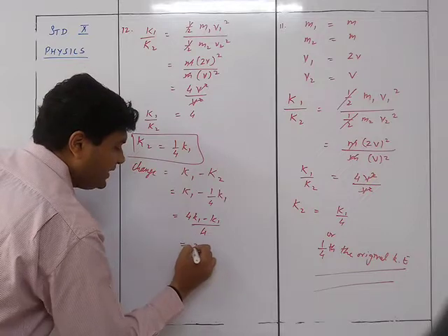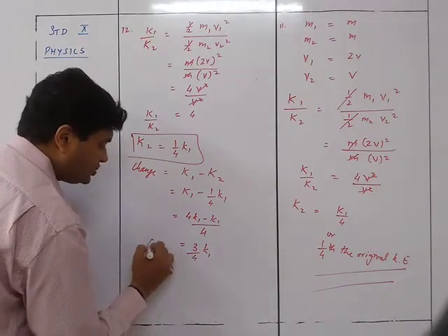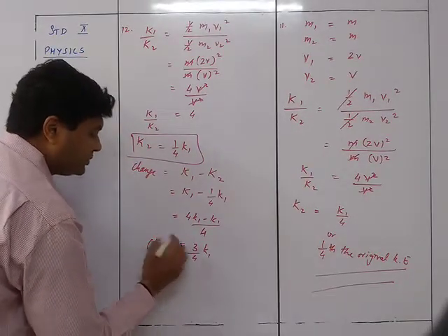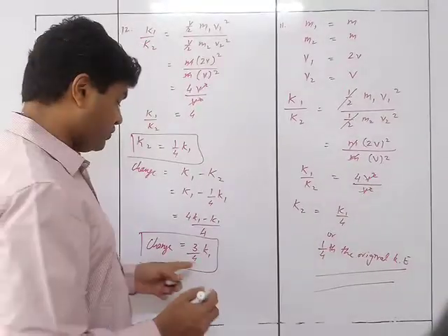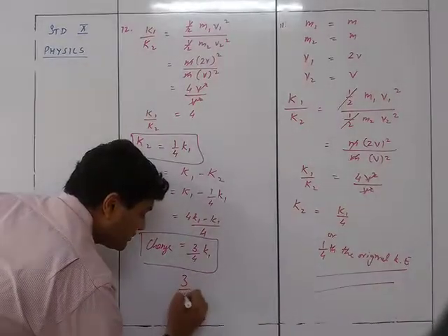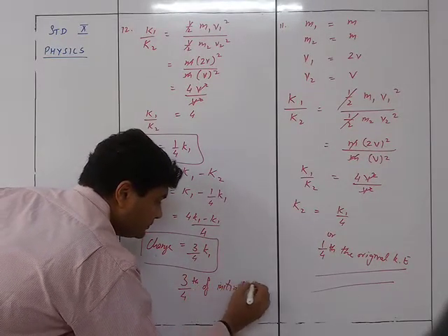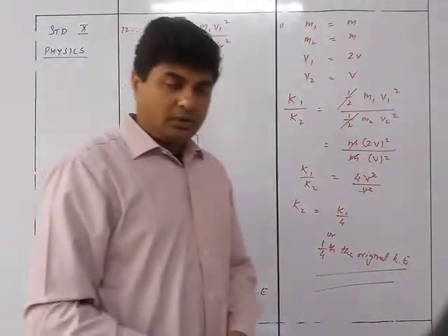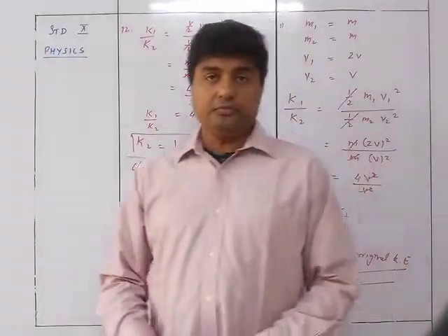So that is 3/4 k1. So that is the change. Change is equal to 3/4 of the initial. Got it? So that was sum number 12.